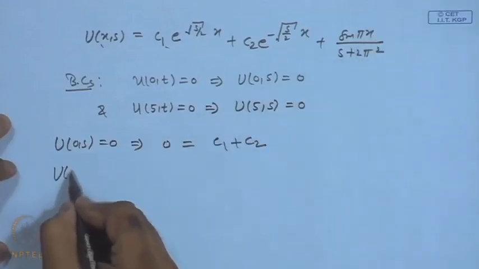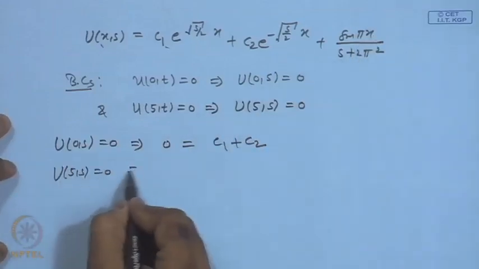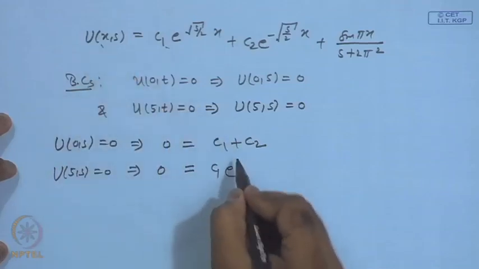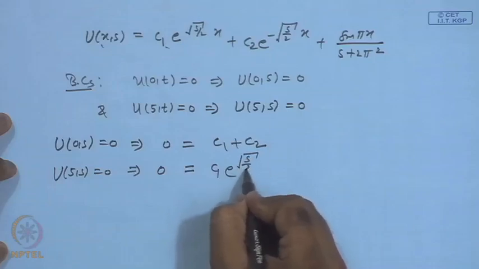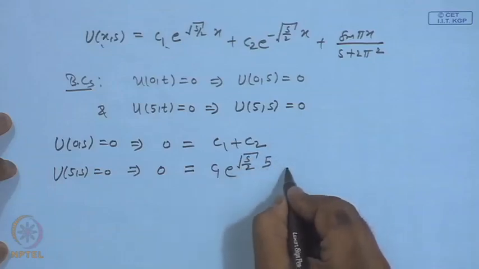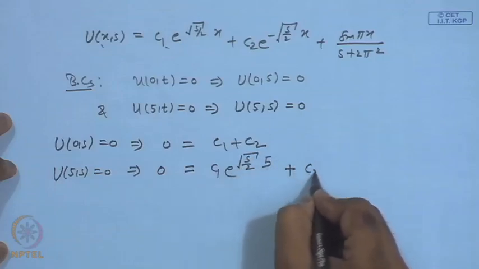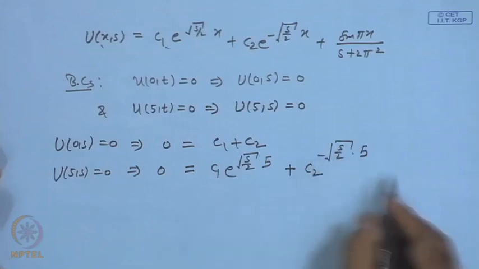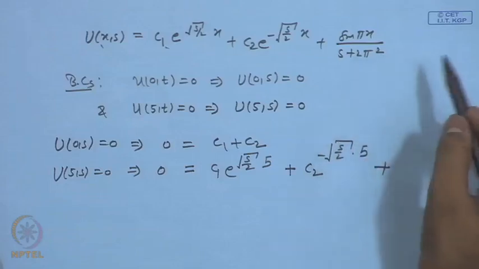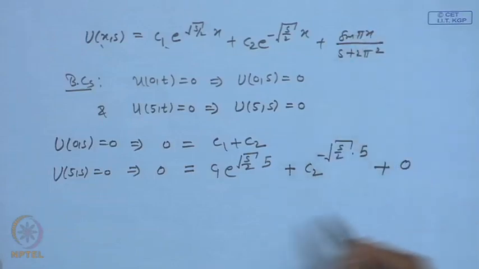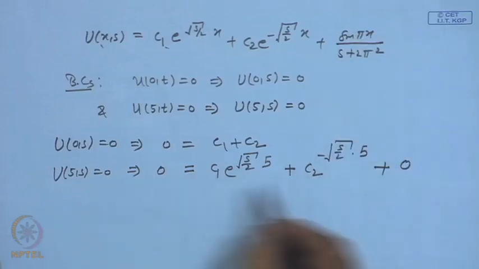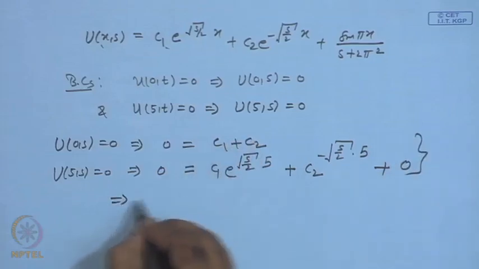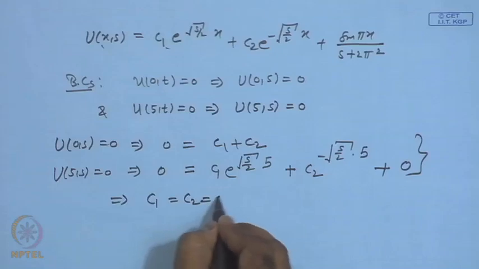So, the second condition u 5 s is equal to 0, we will get 0 is c1 e to the power s by 2 into 5 plus c2 e to the power minus s by 2 into 5 plus, when 5 pi, sin 5 pi is 0. So, from these two equations what we see is that c1 and c2 both are 0.